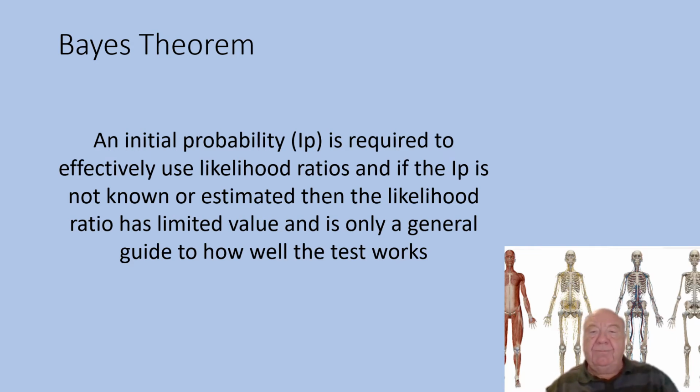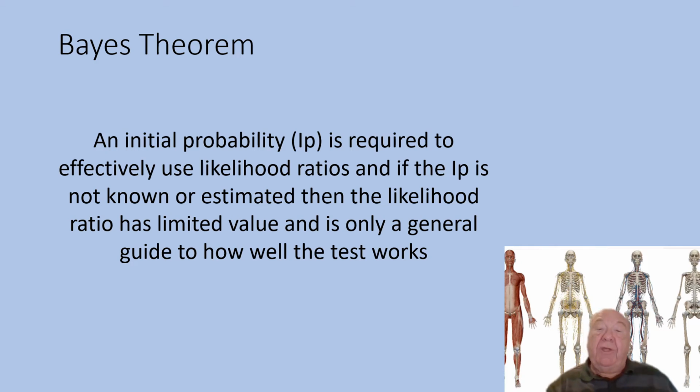So you can then apply this to the likelihood ratio, which you've calculated from the sensitivity and specificity, or you've got from the article. And then you'll get a better value from the test rather than just the raw data of the test, which is only sort of a guide to how good the test actually is in general.